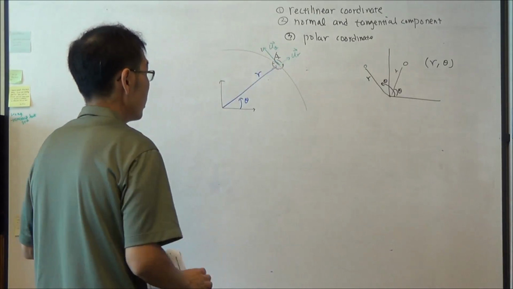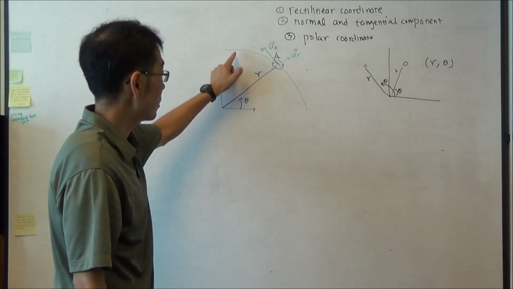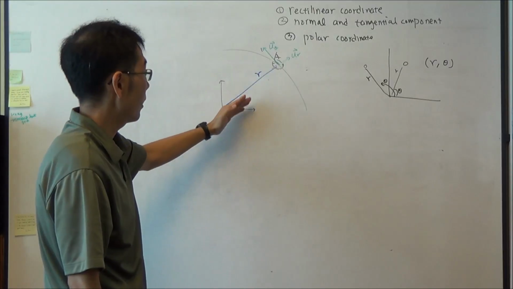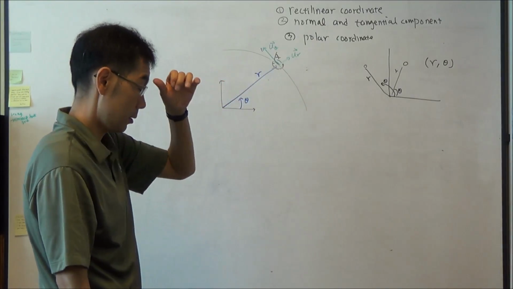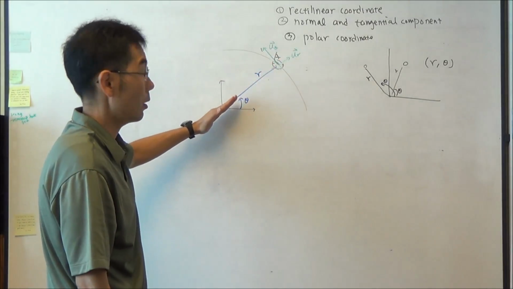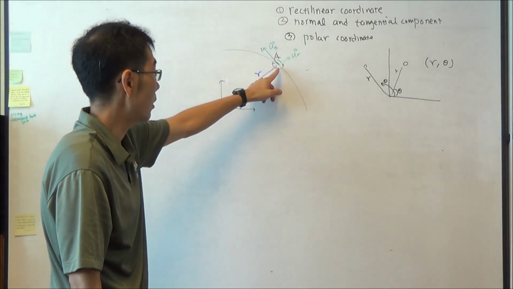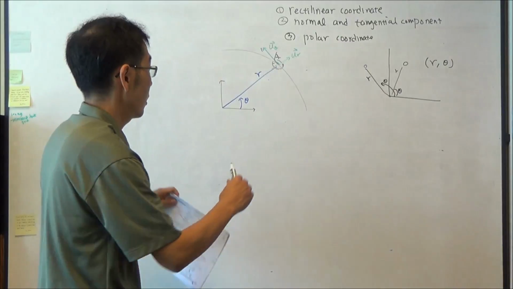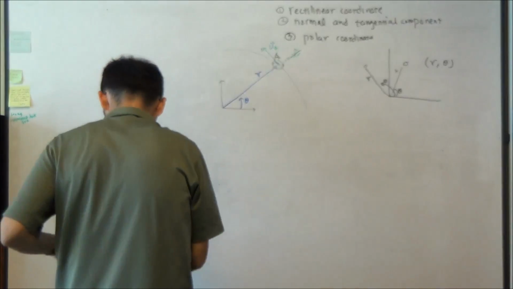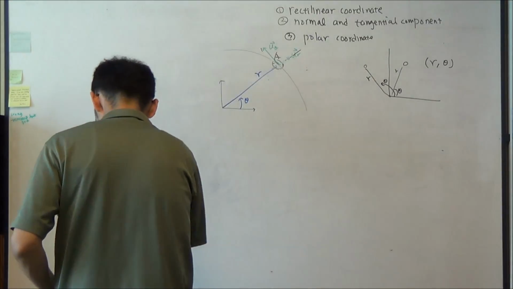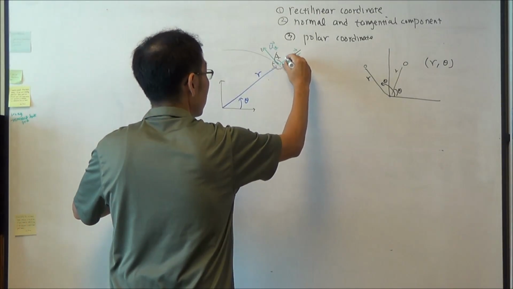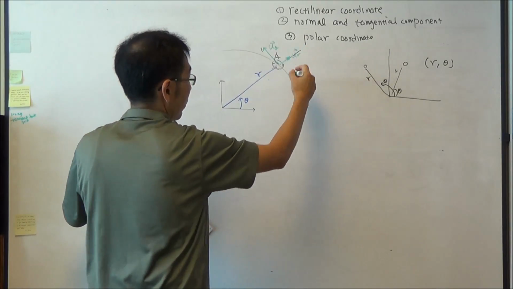So this is polar. If you describe the motion using the polar, so this is my r and theta, then we can define the unit vector along this r vector. So this is r, and if you extend this line, along this line this is the unit vector of the radial direction.